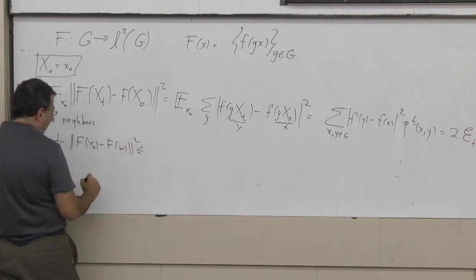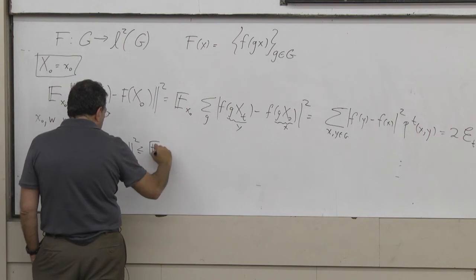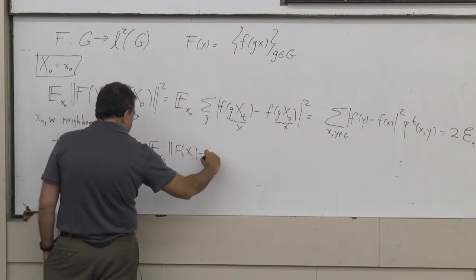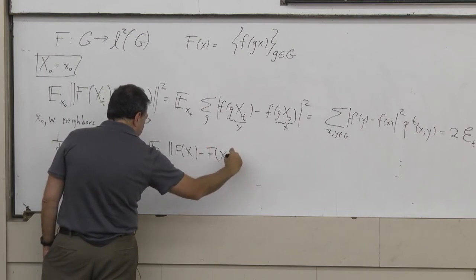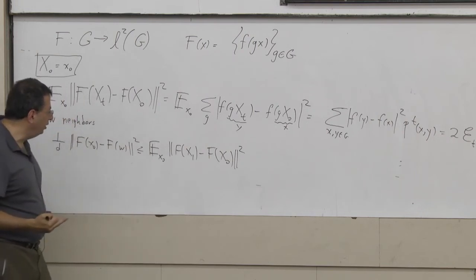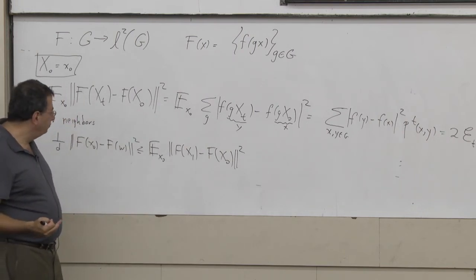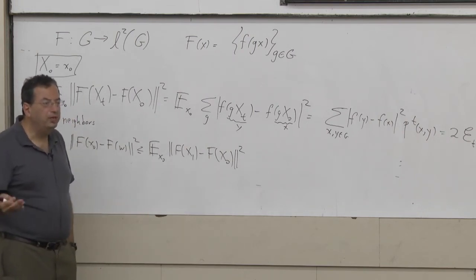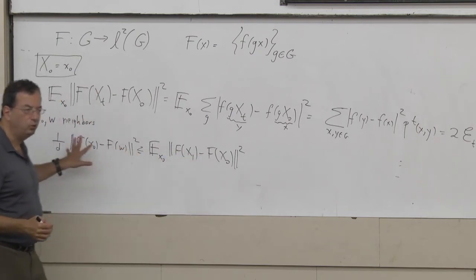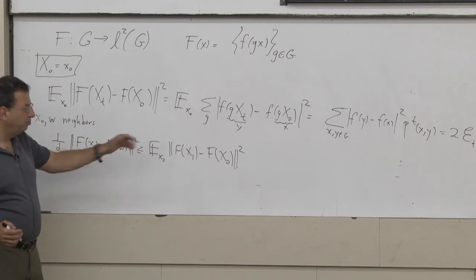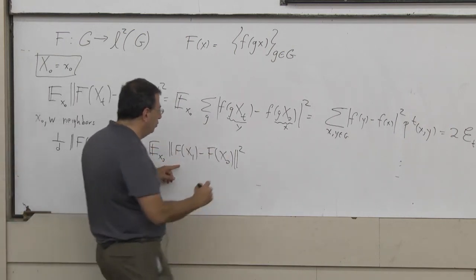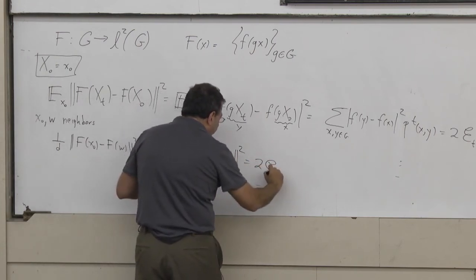Well, this is less than the expectation, starting from x0, of norm fx1 minus fx0 squared, because when I calculate this, one of the choices of x1 is this w, and it is taken with probability 1 over d, because I'm doing simple random walk. So this expression is just a sum, and this is one of the terms in the sum. So I have a sum of positive terms, so this inequality holds. And this is just what we just calculated for t equals 1. So this is twice E1 of f.